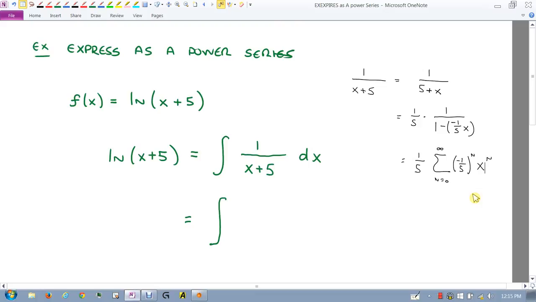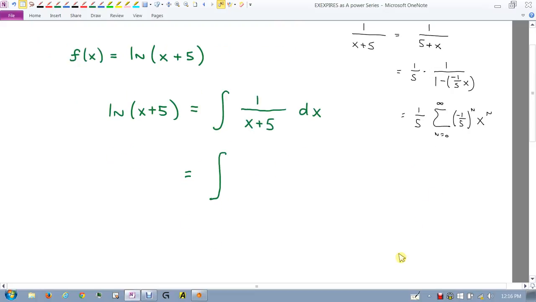Questions? So I can replace this right here with that. So what should I do with that 1/5? Pull it out of the whole integral. And then I have in here an infinite series. I have negative 1/5 to the n, x to the n, and then all of this dx.